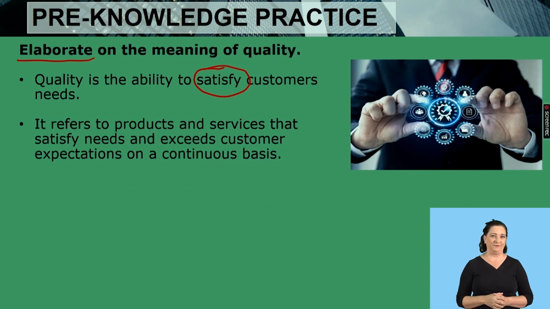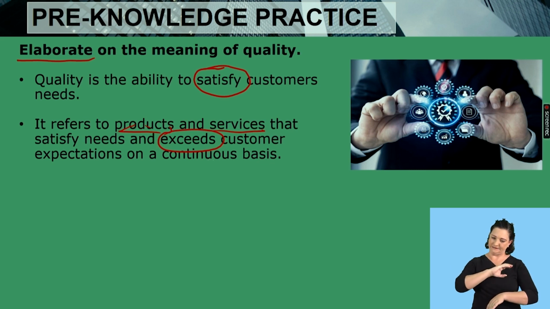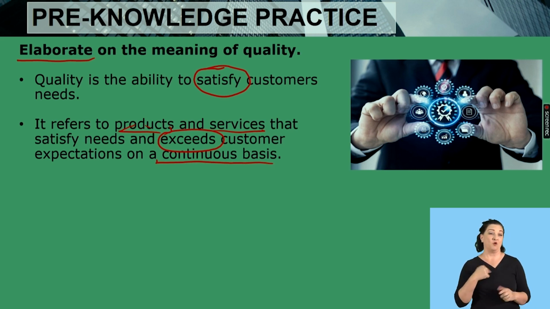It also refers to the products and services that satisfy customers' needs and exceed their expectations on a continuous basis. For instance, I might go to my favorite restaurant and buy a burger. I already know that this burger tastes good because it's my favorite burger.